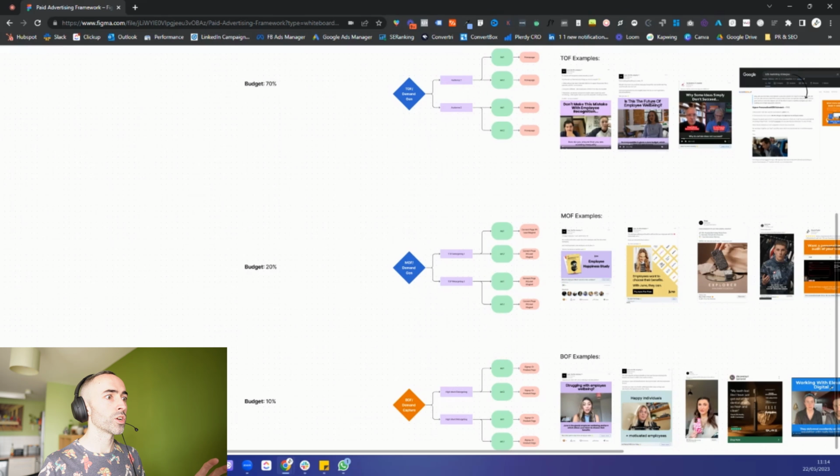So it's important you're looking at it from this perspective, whether you're running Google search campaigns, Facebook or LinkedIn or whatever it is.